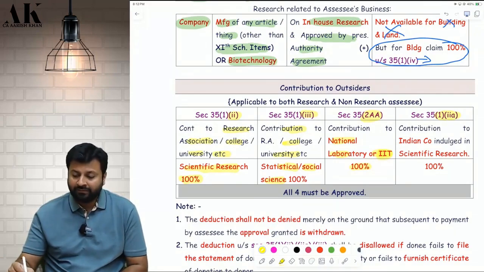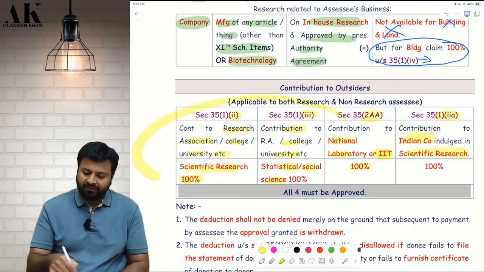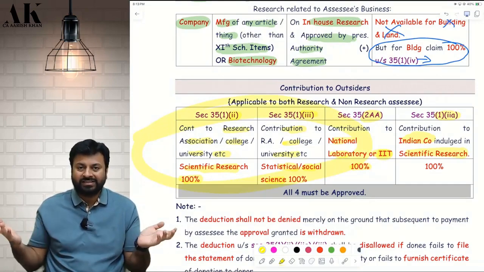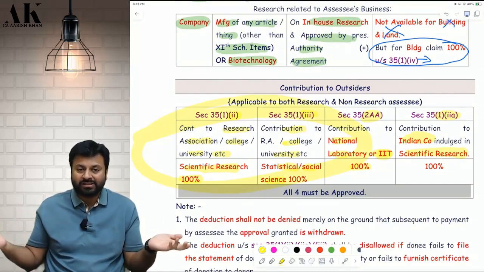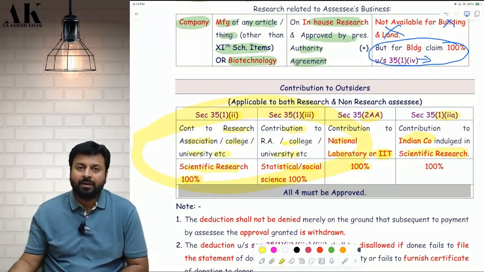And the fourth one: if you give a donation to an Indian company engaged in scientific research. The first 3 are not companies, the first 3 are institutions, universities, colleges. The fourth one is an Indian company, like Cipla, Infosys, Tata Motors.